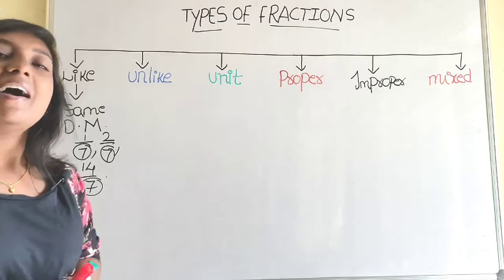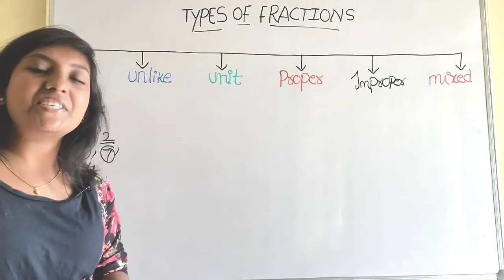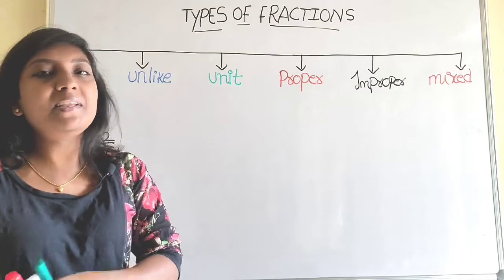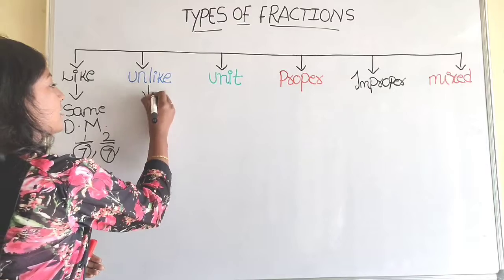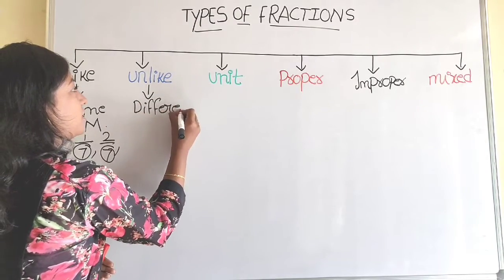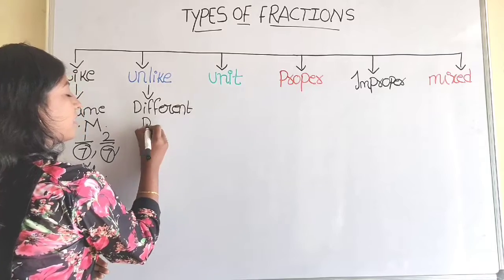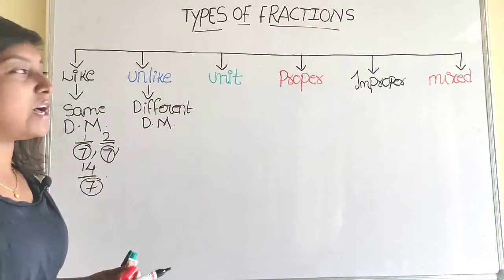Now go for the unlike fractions. What are unlike fractions? The fractions that have different denominators are called unlike fractions. Let's see with examples.